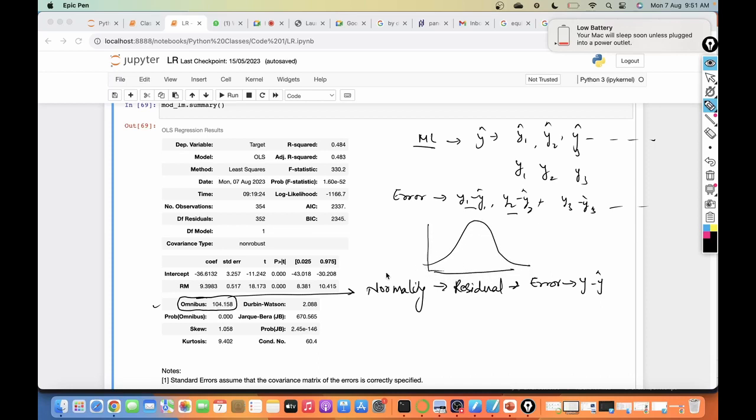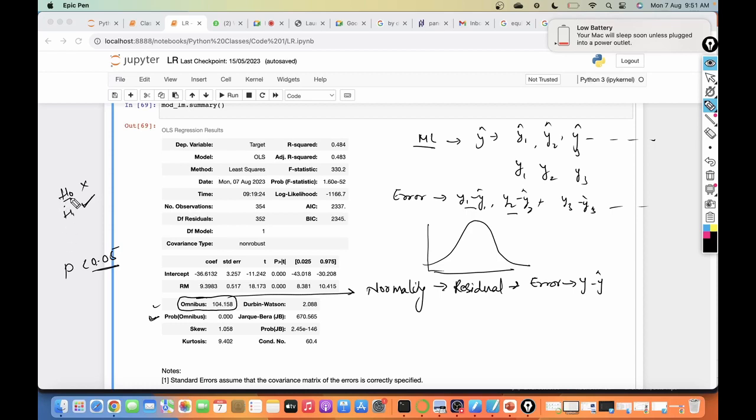If the p value is less than 0.05, then you are rejecting the null hypothesis and accepting the alternate hypothesis.